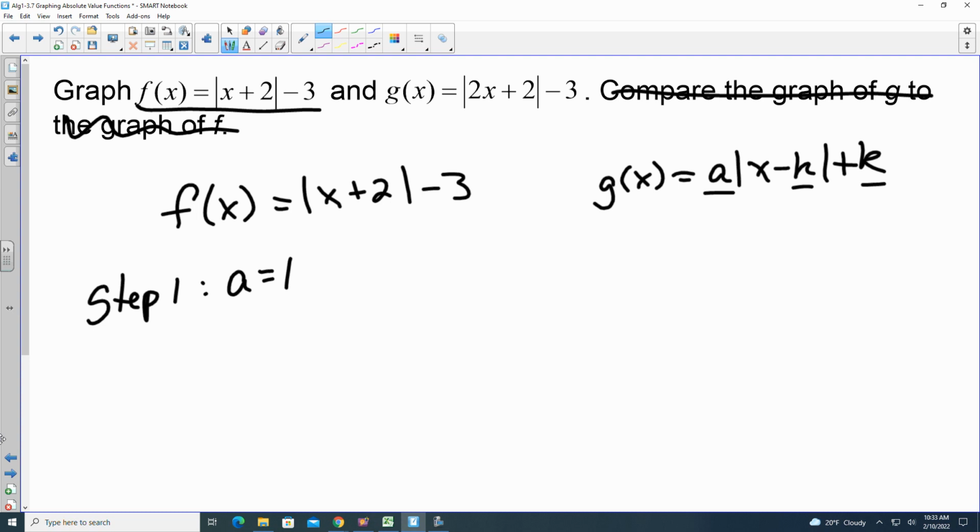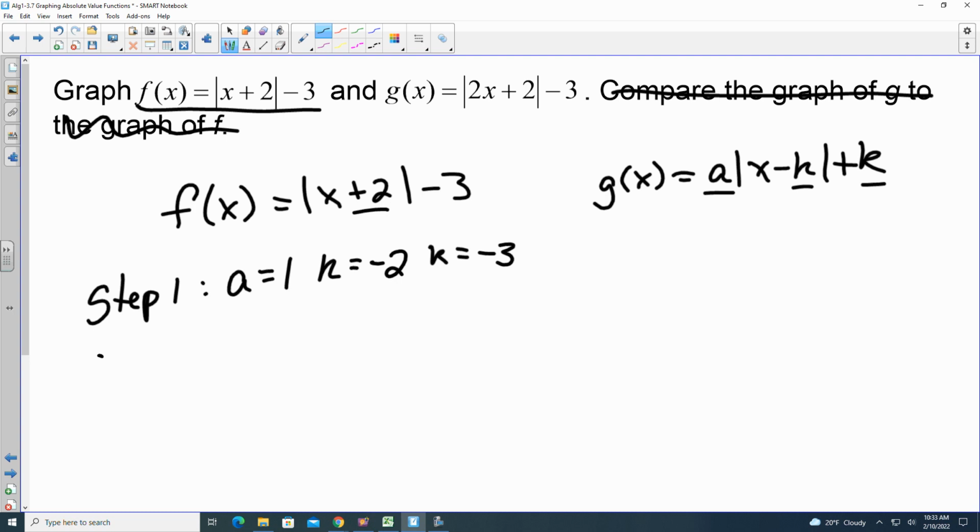That just means it's represented as 1. h is always going to be represented as the opposite of how it appears. So since it's x plus 2, h is actually going to be negative 2. And then k, because it's plus k, it's always going to be represented as is, so since it's minus 3, it's going to be negative 3. So a is 1, h is negative 2, and k is negative 3. So that's the first step.